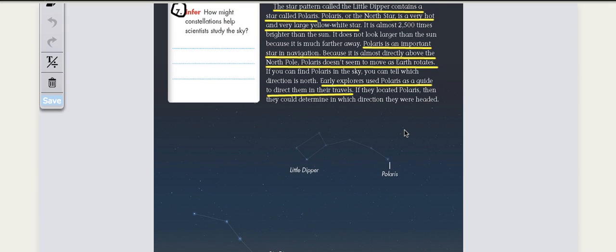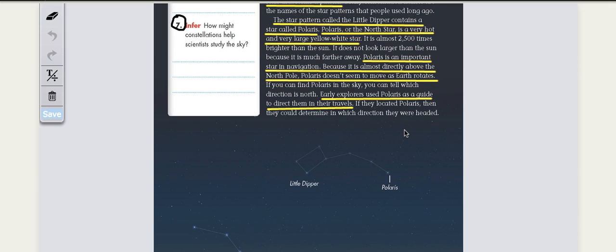Polaris is very important because it's used in navigation, because it's called the North Star. It's a very hot and large yellow-white star. It's located directly above the North Pole. So early explorers used Polaris as a guide to direct them in their travels.